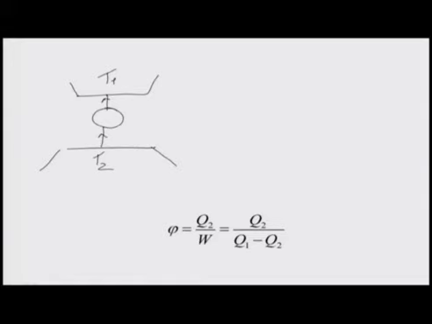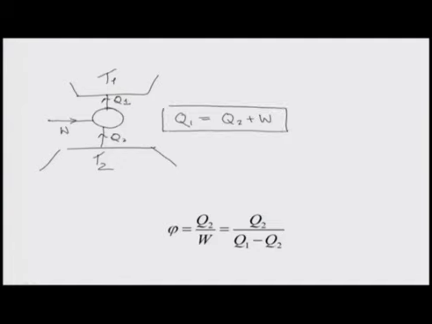Now, it absorbs heat from here, follow the arrows I have drawn, Q2 amount of heat it absorbs, Q1 amount of heat it dumps, and then Q1 should be equal to Q2 plus W, the work done on it. This satisfies my conservation. I take Q2 amount of heat and dump it to this.